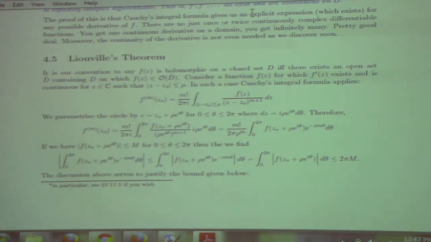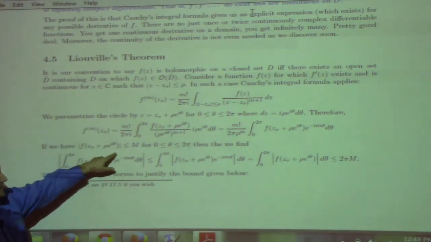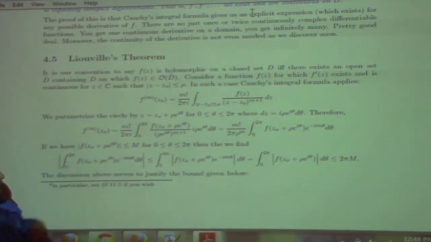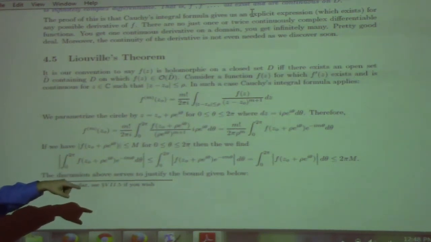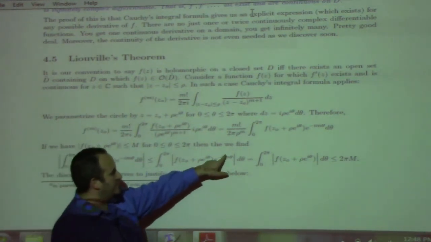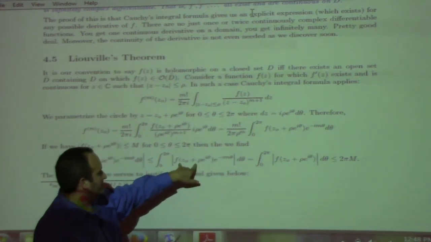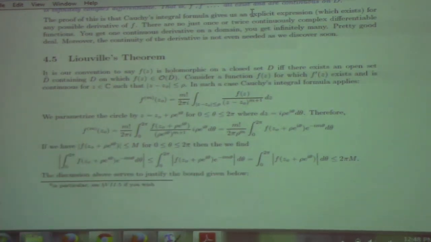Now, if in addition the modulus of the function is bounded on that circle by some M, then you can use the ML theorem to say that the modulus of that integral is less than 2 pi M, because this is just something of unit modulus, on the unit circle. And so there you go, by the ML theorem again.